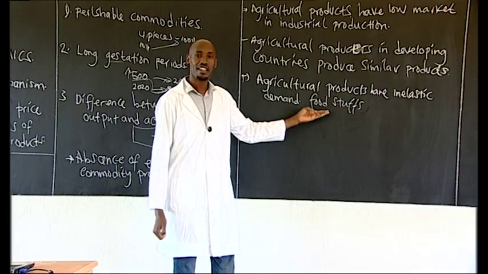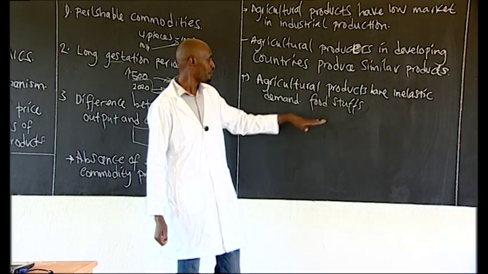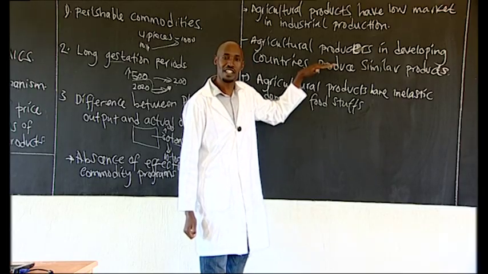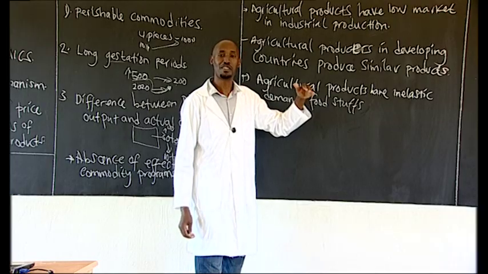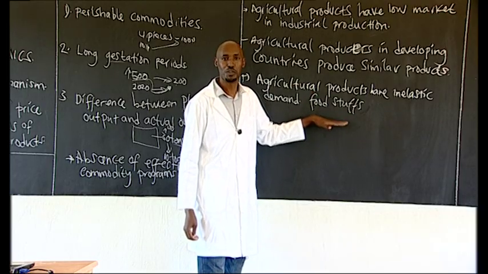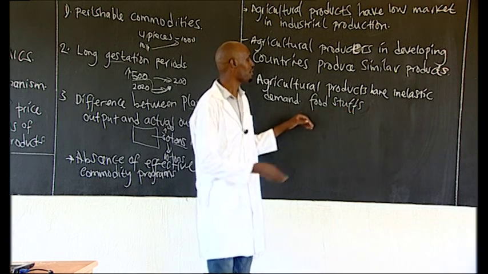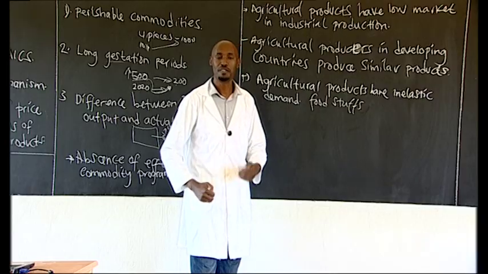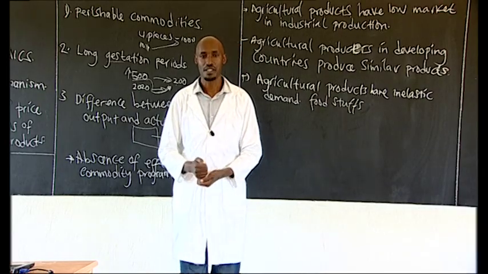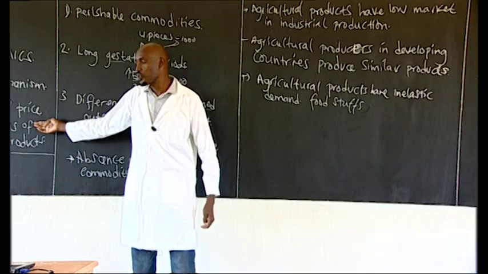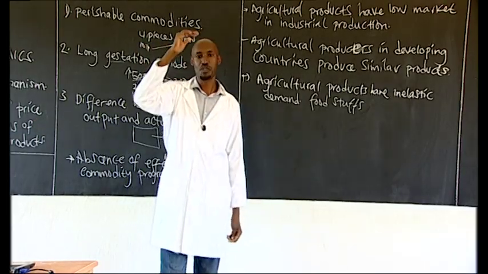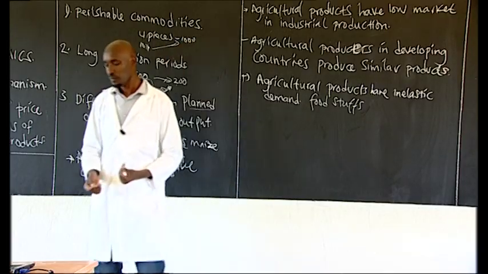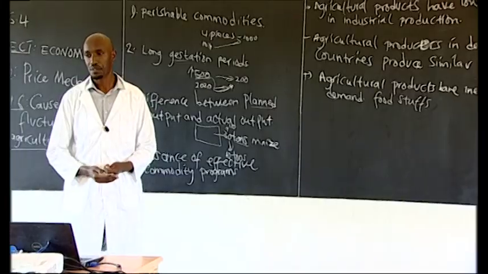Even if you increase 20%, 40%, we shall stay buying food. We shall not stop because agricultural products have inelastic demand. Every person has to eat. So price fluctuation will be there. Producers will increase the prices, but we shall stay buying.